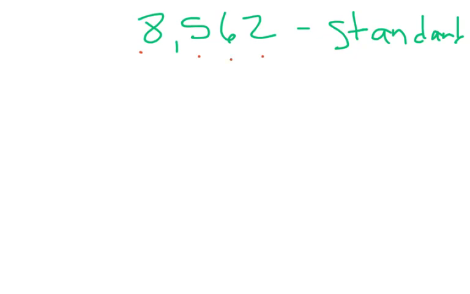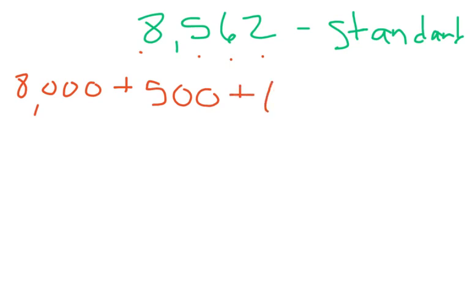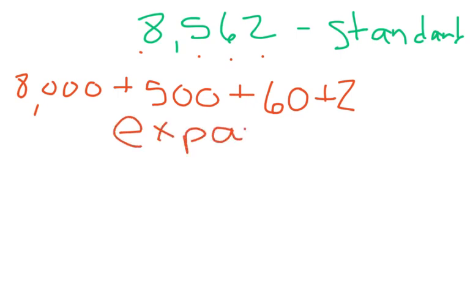So this is what it would look like. We've got 8,000 plus, this is a 5, but it's in the hundreds column, so it's actually 500, plus, that's a 6, but it's in the tens column, so 60, plus, and that's a 2 in the ones column. If you remember, friends, we call this expanded form, so we want to have that in your notes as well.